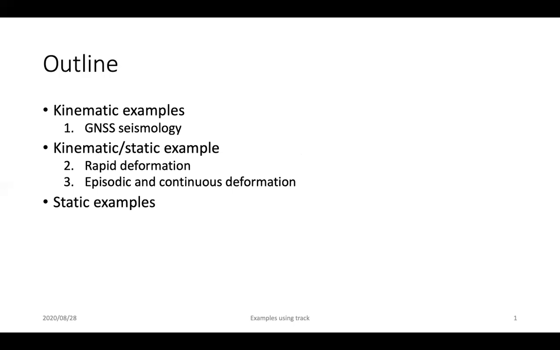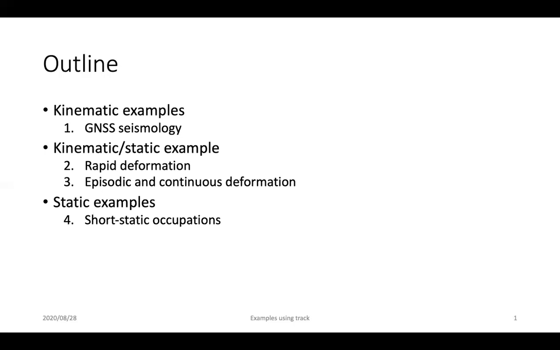For the static examples, we will look at short static occupations. So this would be where you have a very short record of data, perhaps just 20 or 30 minutes, which is generally not good enough to produce a solution in Gamit. But the site nonetheless is actually a static site. It just has a very short span of measurements.